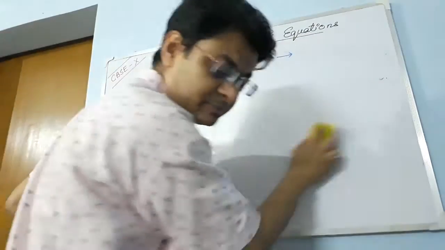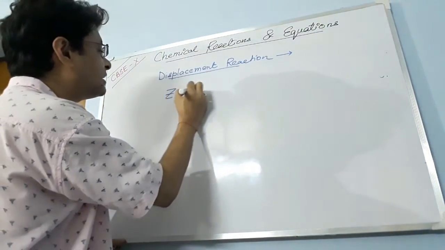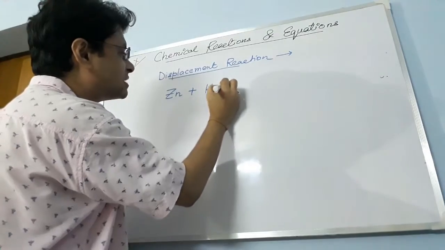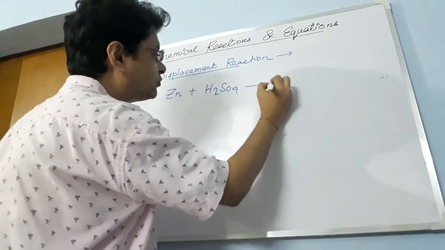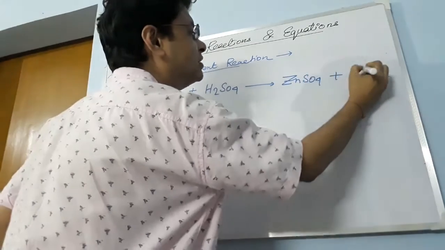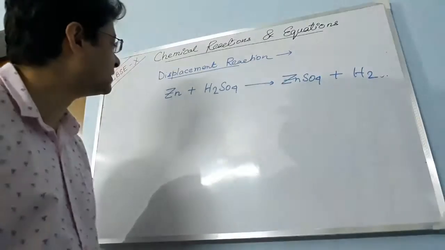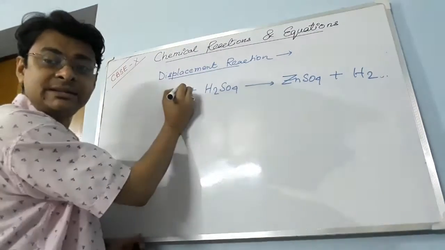Another example. Zinc reacts with sulfuric acid to form zinc sulfate and hydrogen gas. Now in this reaction also you see what happens. This is metallic zinc.